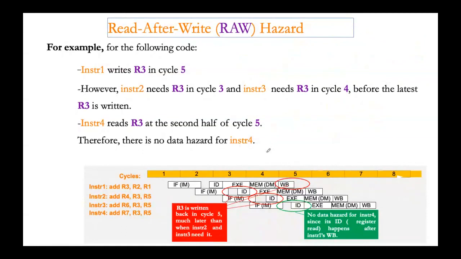So how to handle these problems then? R3 is written back in cycle 5, much later than when instruction 2 and instruction 3 need it, so they get the wrong value. This we call a read after write data hazard. So what is the solution for this?